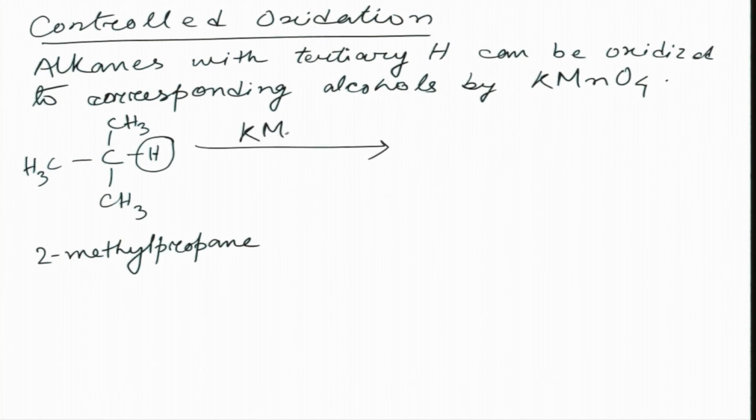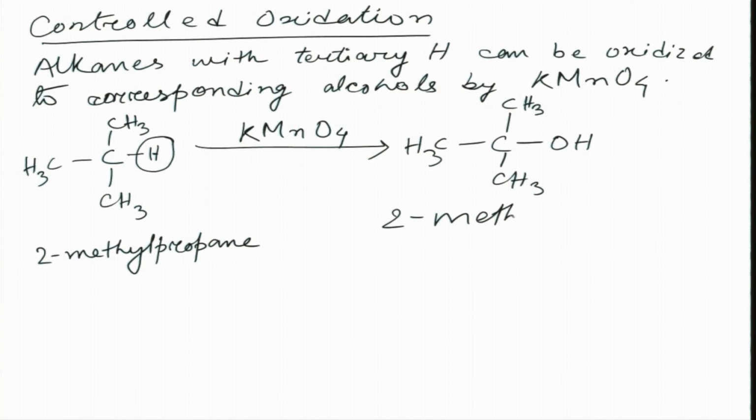If we add KMnO4, then this hydrogen is converted to alcohol. That is, this hydrogen is converted to OH group and this compound is formed. This is called 2-methyl propan-2-ol. Okay. So, this was the last reaction of controlled oxidation.